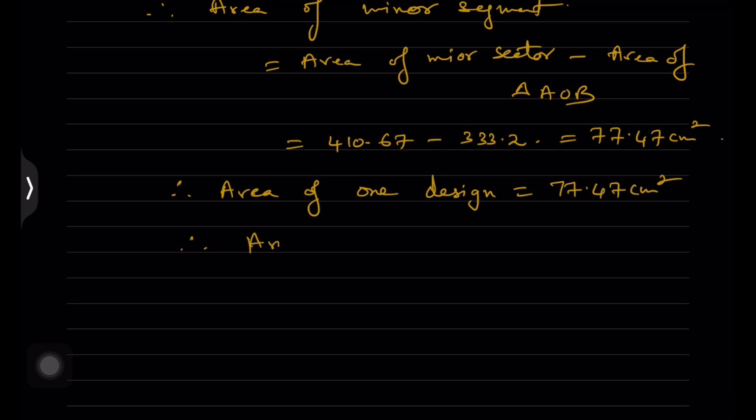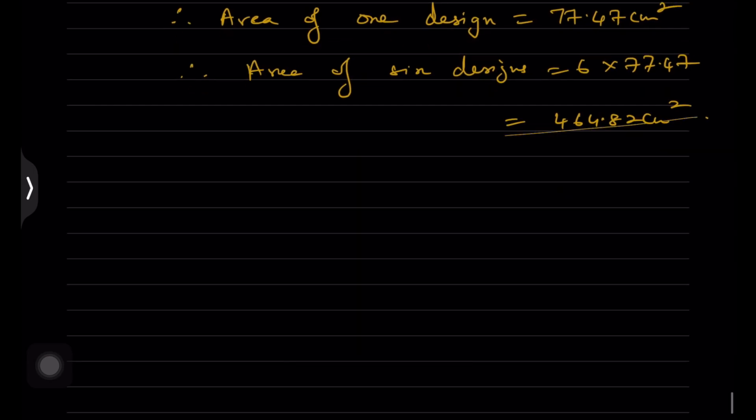Therefore area of 6 designs is equal to 6 into 77.47, which is equal to 464.82 centimeter square.